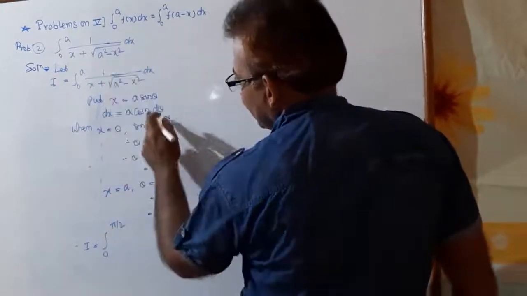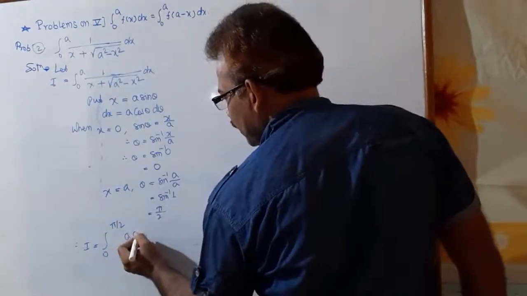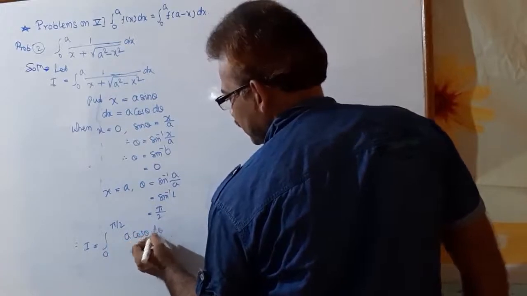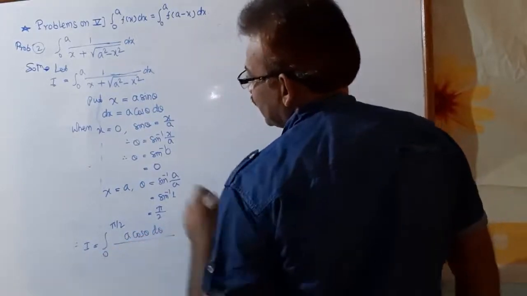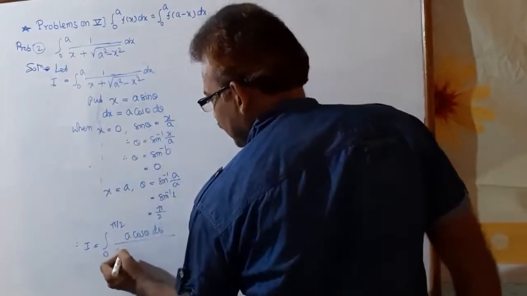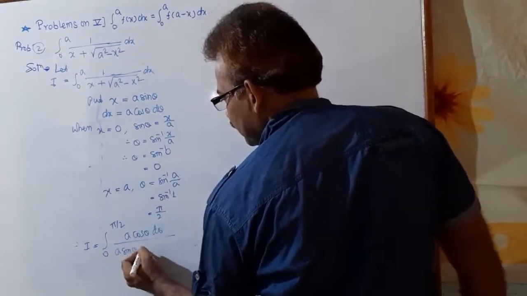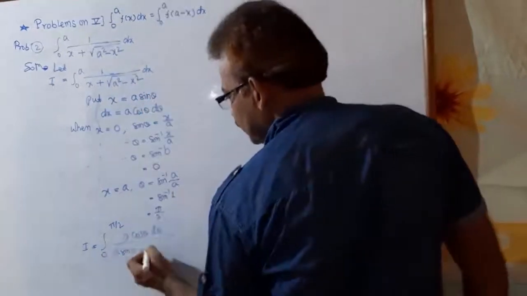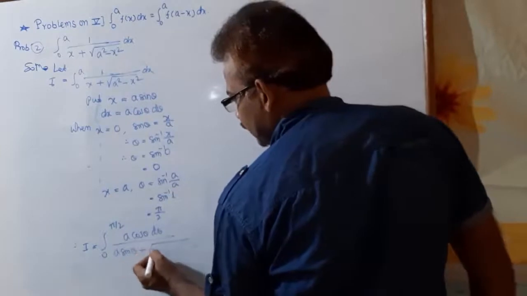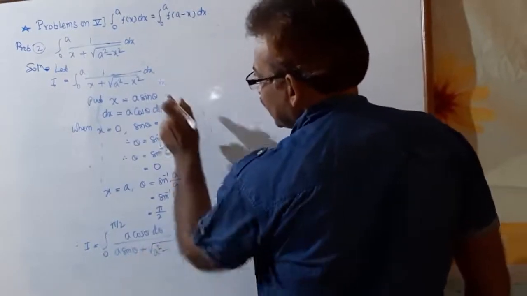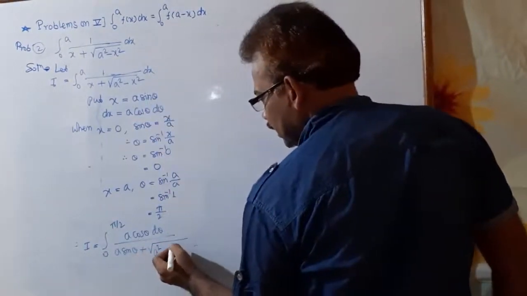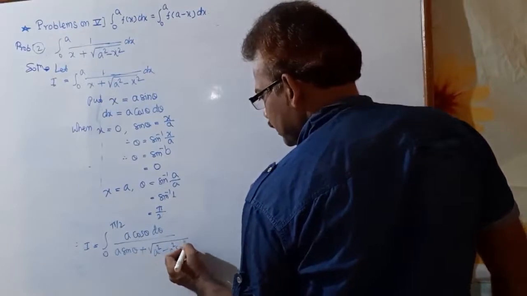The numerator is 1 dx, and dx is a cos theta d theta. The denominator is x, which is a sin theta, plus root of a square minus x square, which is a square sin square theta.